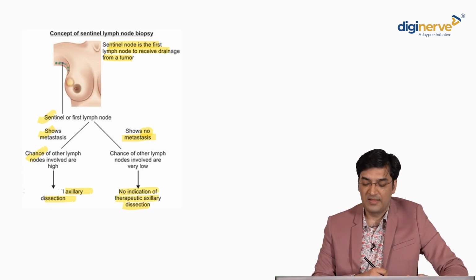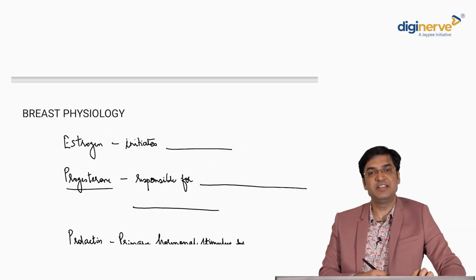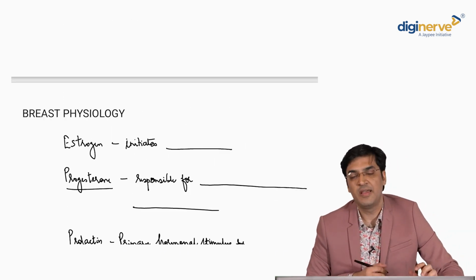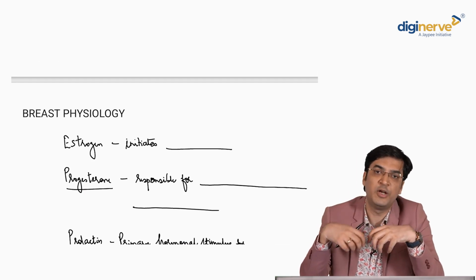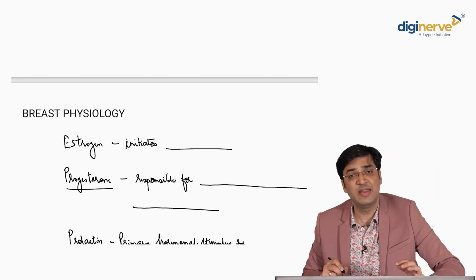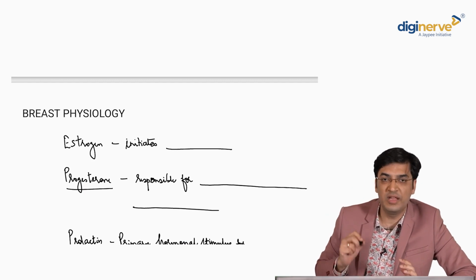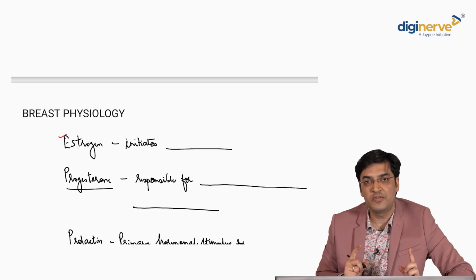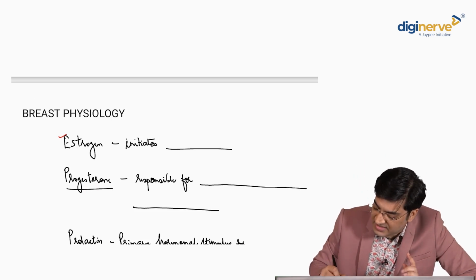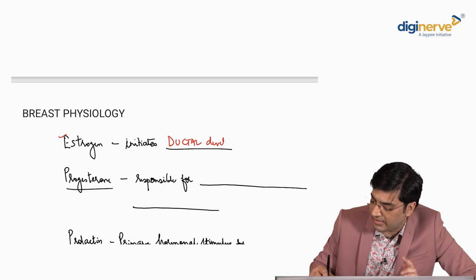Now, after the anatomy, let us read about the physiology of the breast. Basically, there are only a few pointers with respect to this topic that you need to remember. Not a lot has been asked or can potentially be asked. So, only the important pointers I'm discussing here. First of all, what is the role of estrogen? Estrogen initiates the ductal development. Very important.